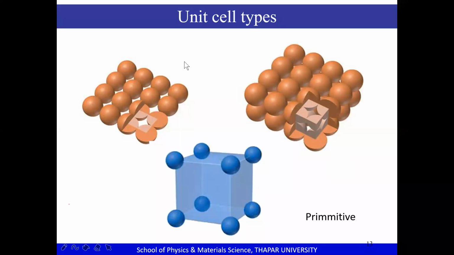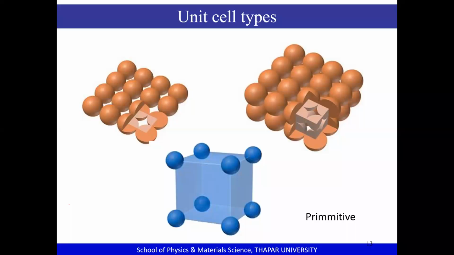So if I compute the total number of lattice points belonging to this particular unit cell, the number of lattice points always comes out to be equal to 1. Why? Because every corner contributes only 1/8 to the unit cell, and in this case there were 8 corners, everyone contributing 1/8, so total is 8 into 1/8, which gives you 1 lattice point per unit cell.